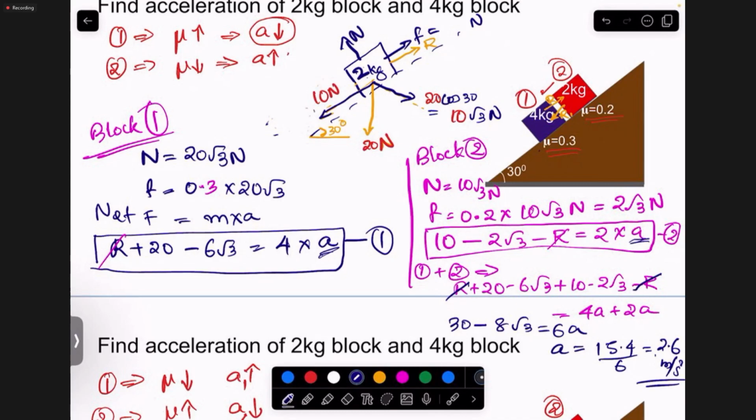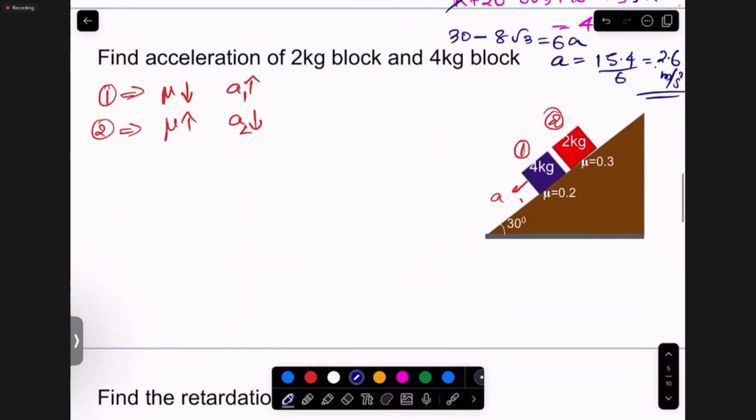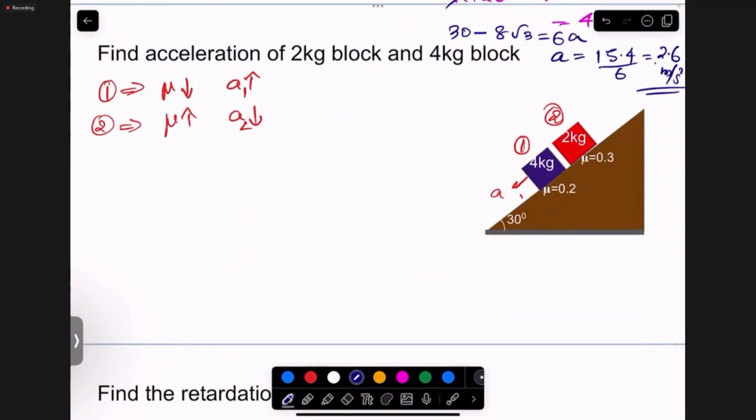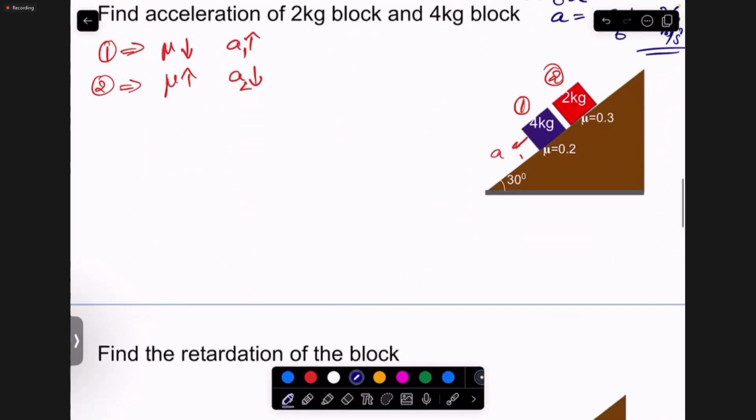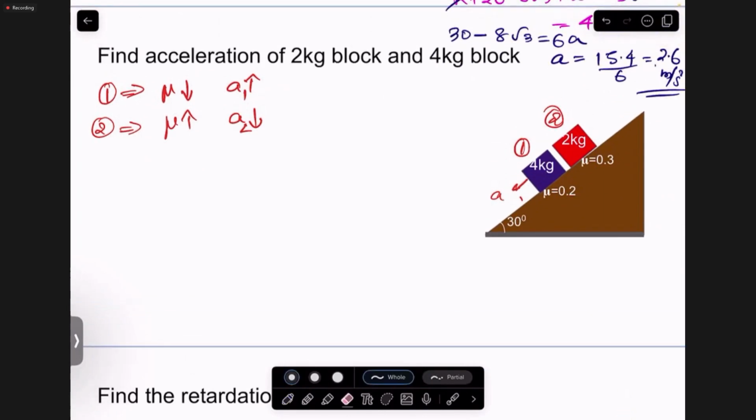Now the other way around, what if mu of the second block is larger than mu of the first block? So we will try to calculate that over again. Here we know that mu of block 1 is lesser than mu of block 2. So acceleration of block 1 will be larger than acceleration of block 2.